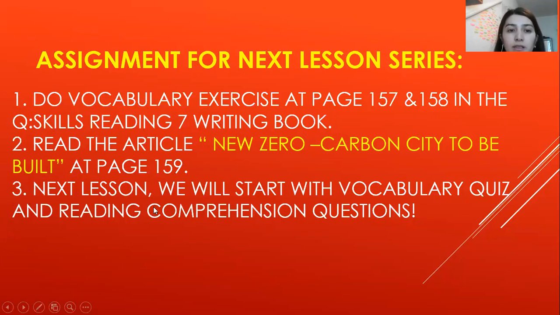Next lesson, we will start with a vocabulary quiz. I will share a link where you will do the vocabulary quiz and some reading comprehension questions based on the article. What does it mean? I will assess and check your knowledge, whether you read or not, with the help of this vocabulary quiz and reading comprehension questions. So please, I trust you that you will complete your homework.